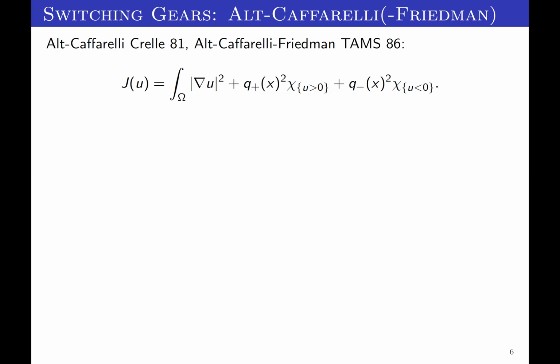The first term is the Dirichlet energy, which you like. And then these terms weight the characteristic functions of the positive and negative sets. So basically, we're trying to minimize the Dirichlet energy versus how large the set is, positive and negative.